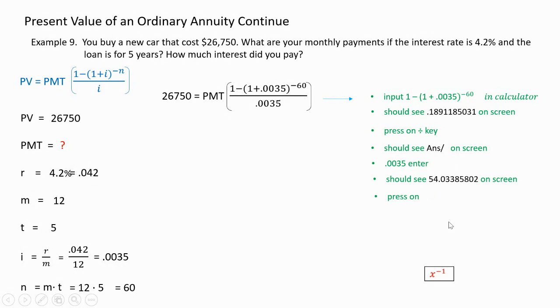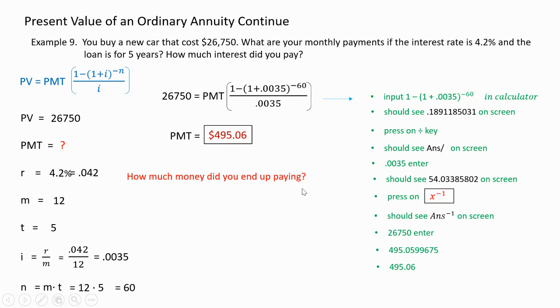Then you hit the inverse key, and that's what you should see on the screen. Then you enter the 26,750, and that's what you should see. So your monthly payments are going to be $495.06.